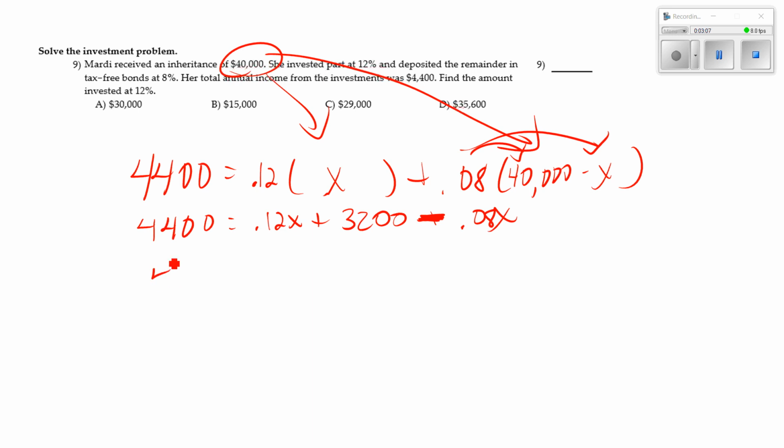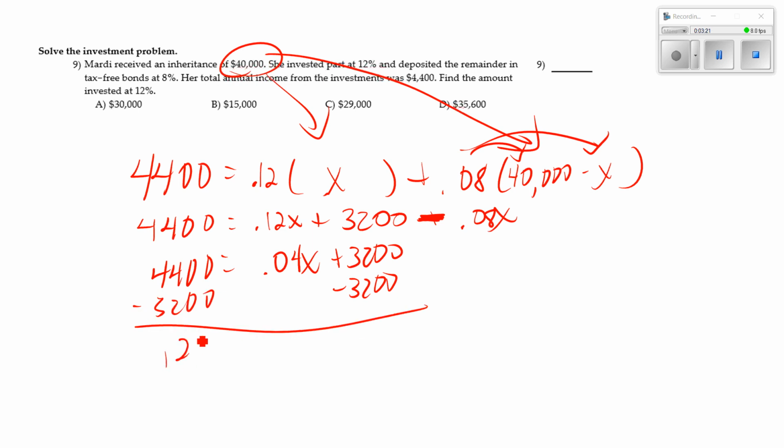All right, that's 4,400 equals, put those two together, 0.04x plus 3,200. Subtract 3,200 from both sides. I get 1,200 equals 0.04x. Divide by 0.04. I get x is 30,000.